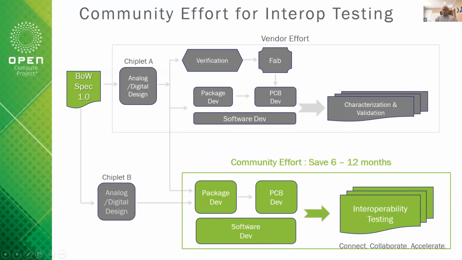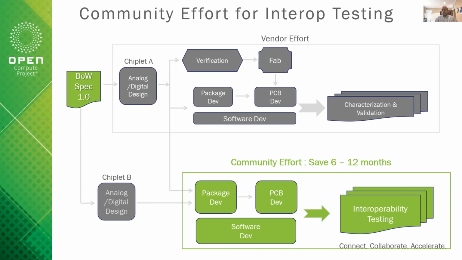So after a lot of discussion, we decided to do the interoperability testing as a community effort. Instead of vendors or IP providers themselves focusing on interoperability, we let them focus only on their chiplet designs, and we do the interoperability as a community effort. It brings a lot of benefits.